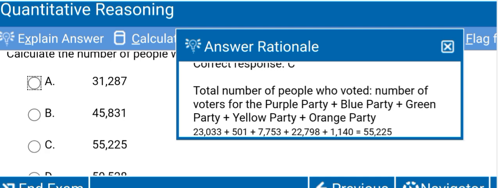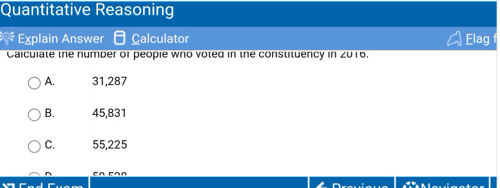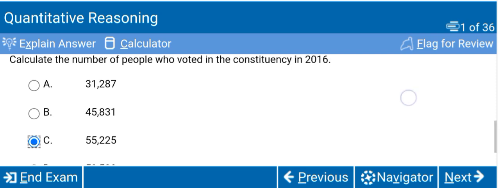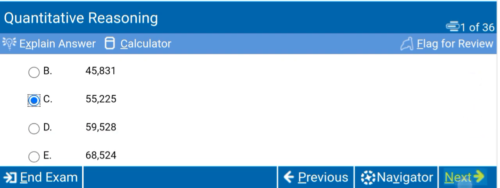When we add all these values, the correct option is 55,225. So option C is correct. These are the number of people who voted in the constituency in 2016.